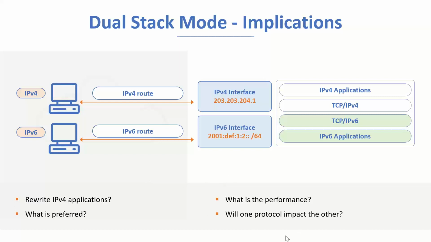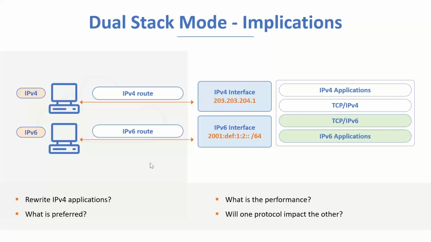The performance, what are we going to do about impacting one versus the other, and then as Mike's going to talk about, firewall rules. Performance, I'll just touch real briefly. You guys may have heard of something called Happy Eyeballs, and that's something that came out, gosh, probably about 10 years ago when I was first getting into the IETF, if I recall correctly. Basically, it's a fallback mechanism for the browser.